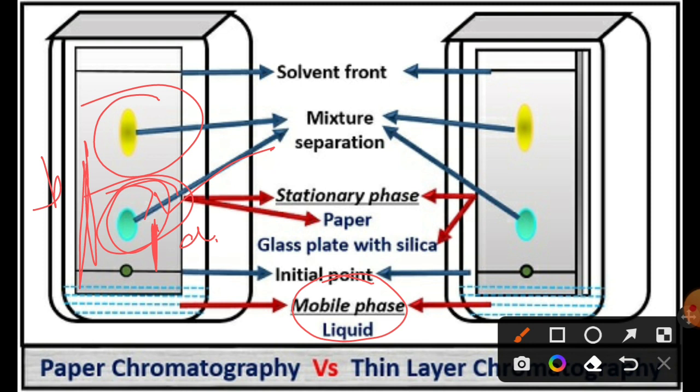That is the major advantage of both paper chromatography and thin layer chromatography, as they allow us to calculate the RF value, right?